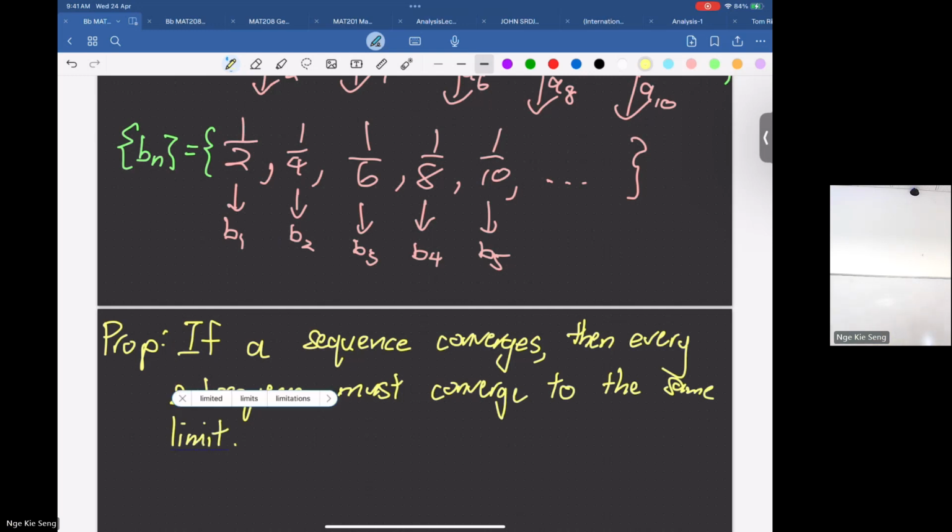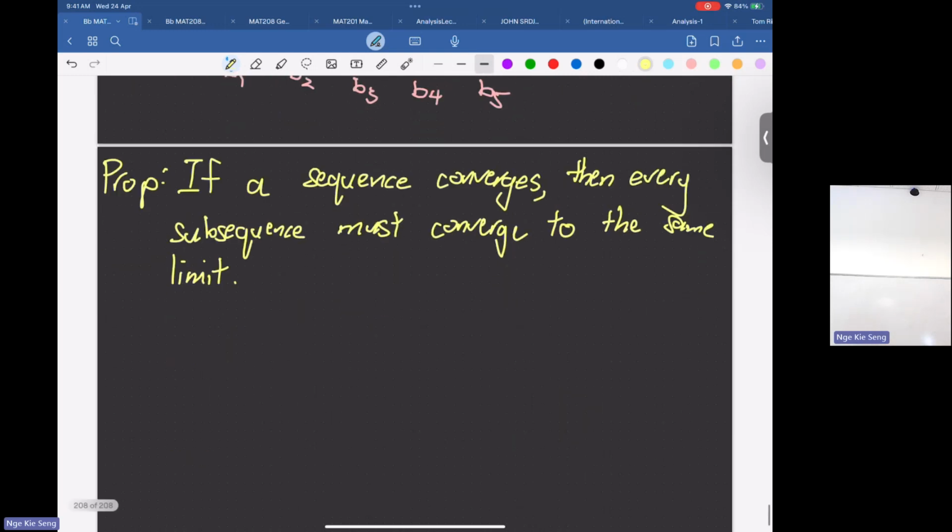So the result is, if a sequence converges, then every subsequence, no matter how you pick it, also has to converge, and converges to the same limit.